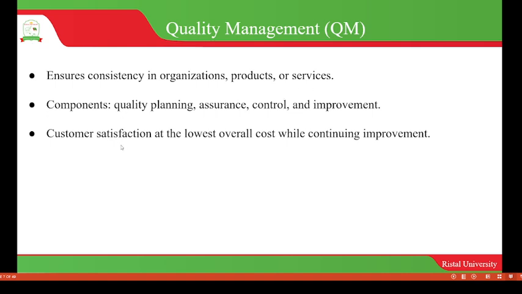And then also in quality management, we are also concerned about customer satisfaction at the lowest overall cost while continuing improvement. So as we are improving the business, as we are improving the process, or as we are improving the product, we should make sure that the customers or the consumers are satisfied, and this will be done at the lowest cost possible.